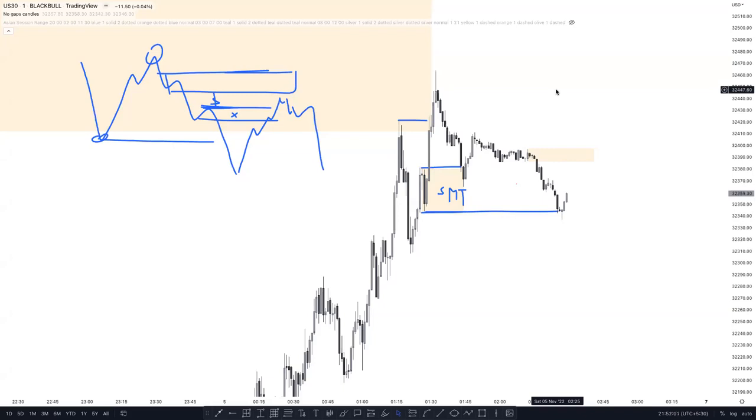Okay, so which pair do you want to backtest today? All the rest of the analysis I will do after the end of the session. Okay, so don't worry.